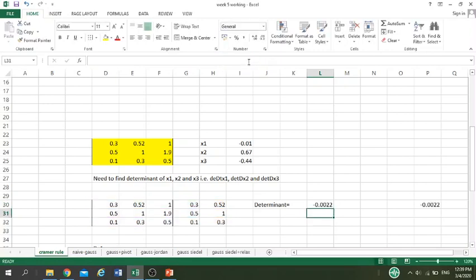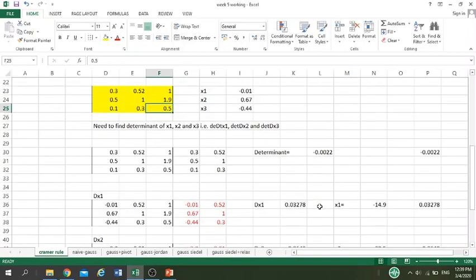Okay, all right. So this is the value of our determinant for this matrix, which I highlight in yellow. The determinant of this matrix is minus 0.0022.